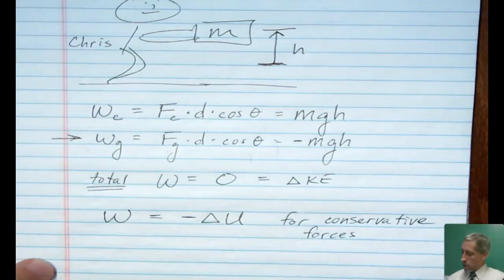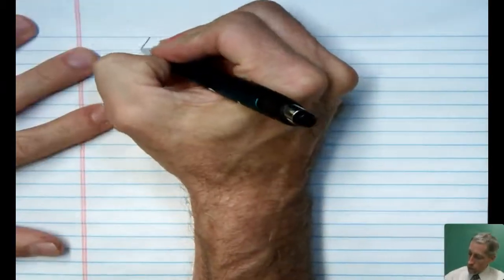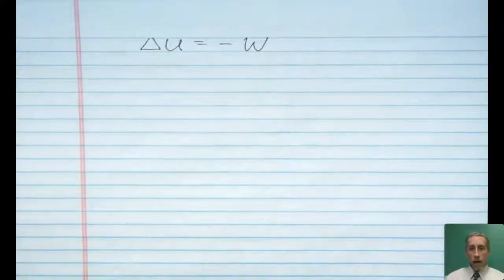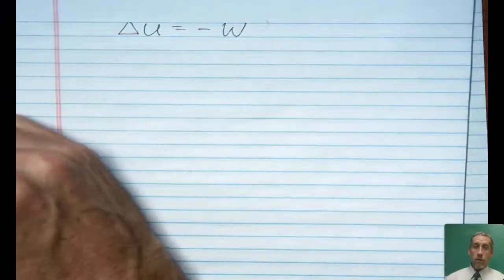I think I'm going to start a new page, because we've done some things with work that I'd like to tie in. And I'm just going to write this relationship again, a little differently though. I'm just going to move the negative to the other side. So we've got three different ways that we've examined work so far.